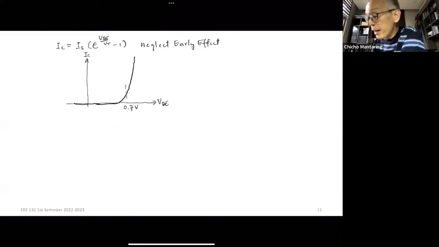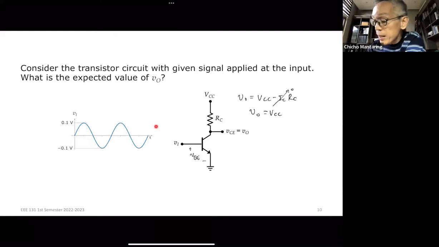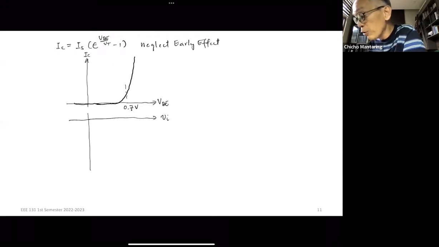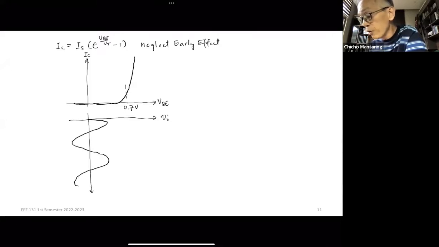So let me rotate this curve. Ikot ko siya. So I'm going to draw it this way. So this is my VI. This is versus T. Okay?